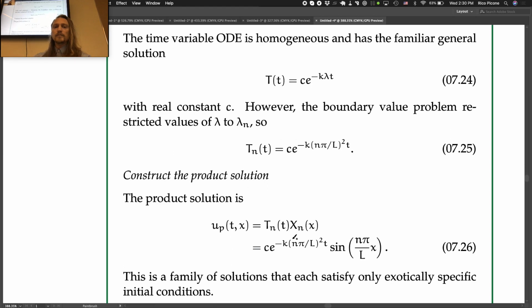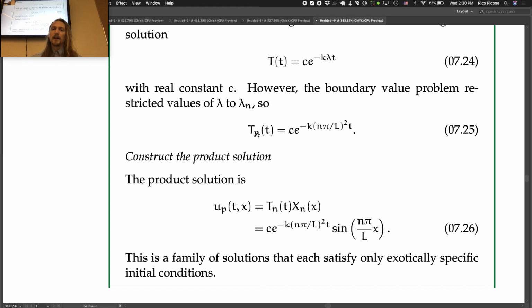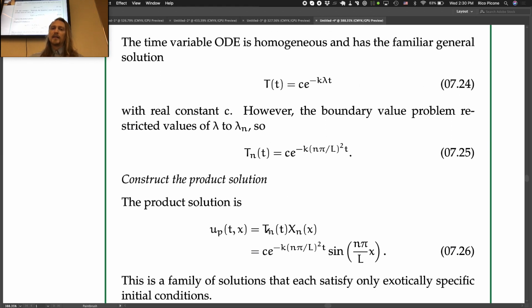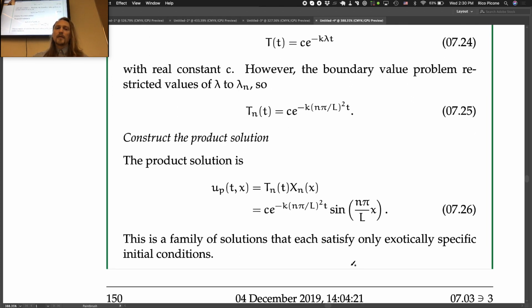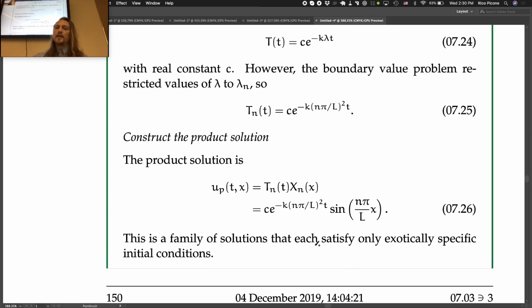Constructing the product solution, we take our Tn and our Xn, the two solutions: the boundary value problem solution Xn and the time domain ODE solution Tn, and we multiply them together. This is a family of solutions that each satisfy only exotically specific initial conditions. So if you have a sinusoidal initial condition, you could construct it with this, right?